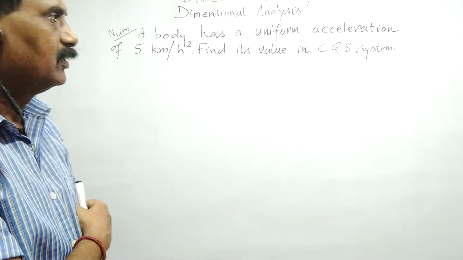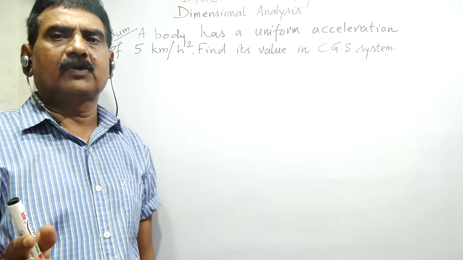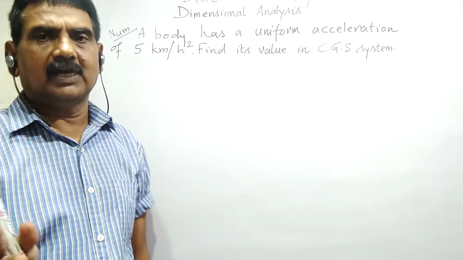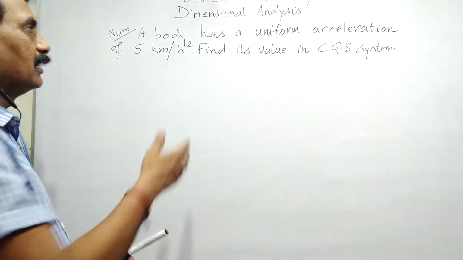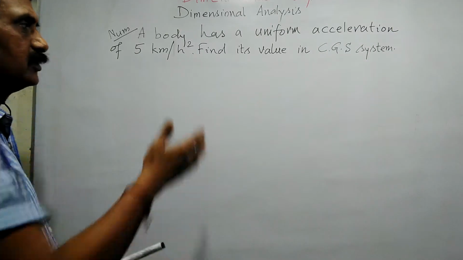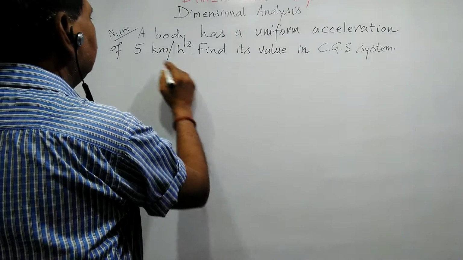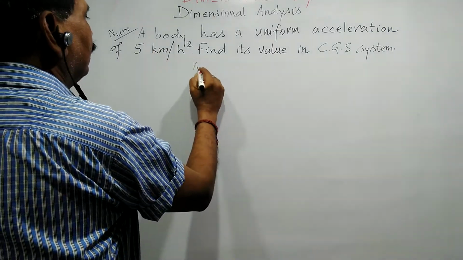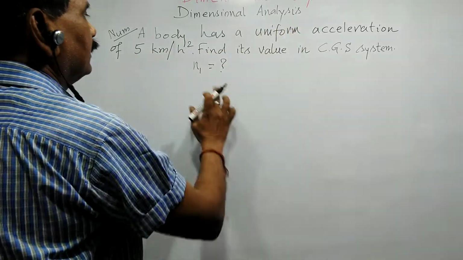Already I have explained the conversion of units from one system to another. Now let us take similar types of numerical problems here again. What is given here? This one is N1, the numerical value of acceleration.